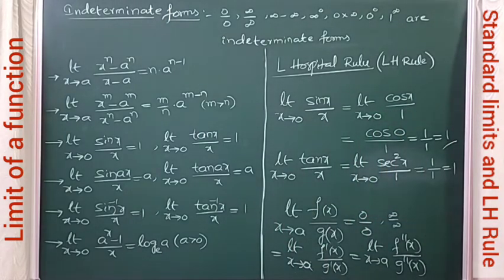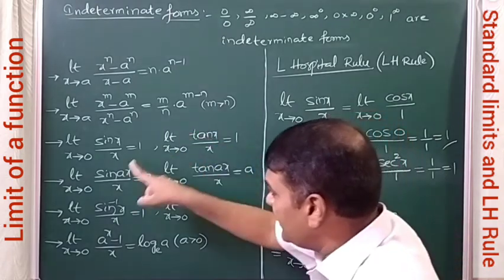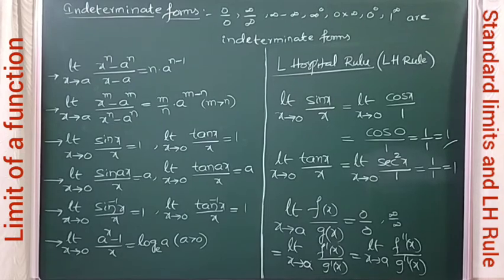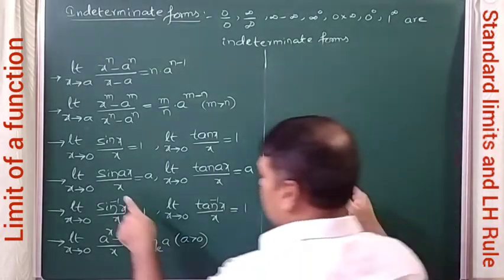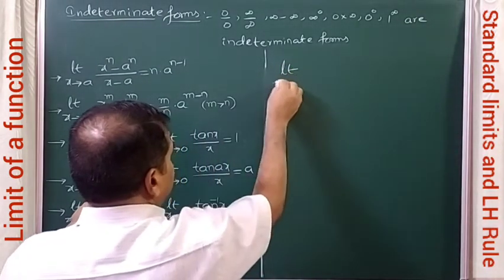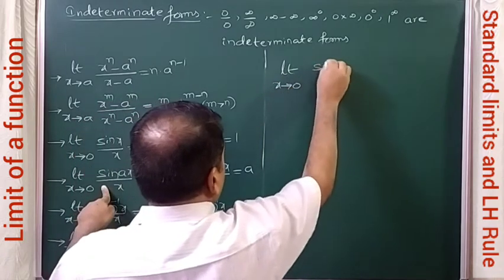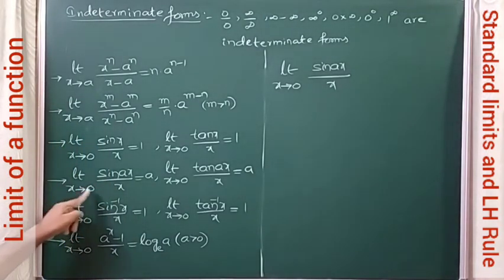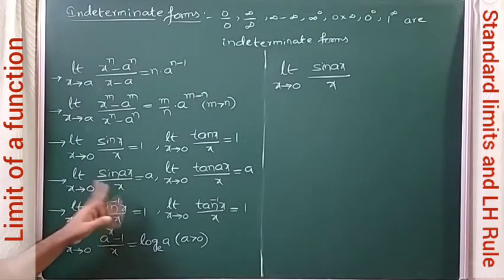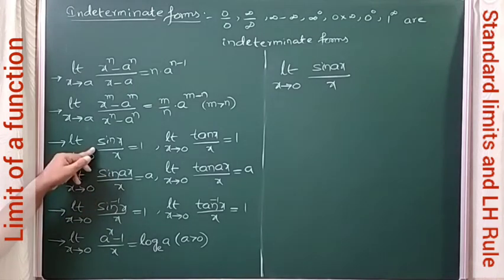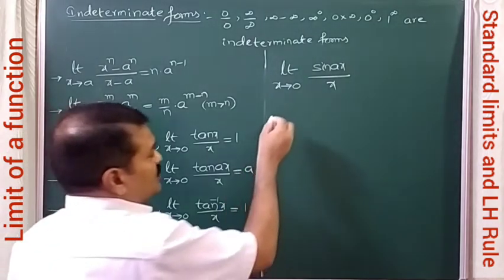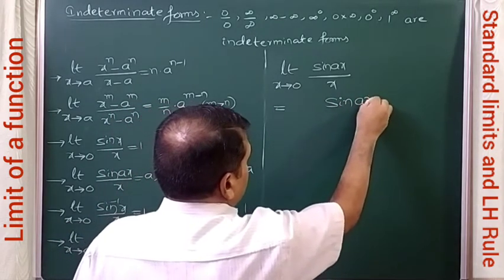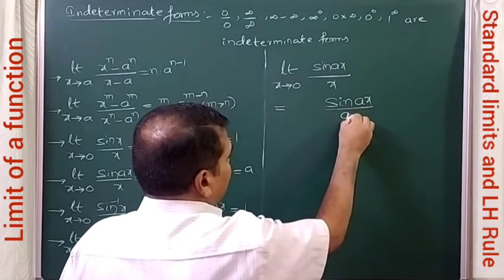Okay, now let us see from this how we are getting this result. So consider this one now. Limit x tends to 0, sin ax by x. Directly you cannot substitute x as 0, you will get 0 by 0 anyhow. So I will try to use this standard form. In order to use the standard form, I will divide and multiply with a.